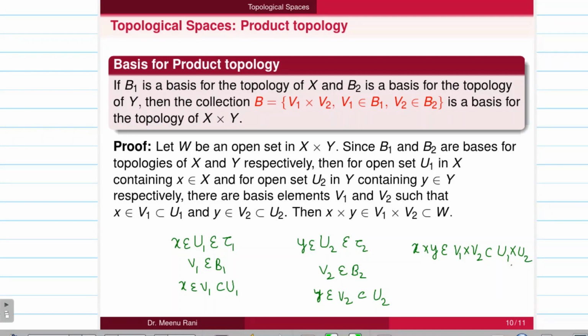Now this is the open set in X cross Y, then we will call it W. Thus we will get (x, y), which is an element of the set X cross Y, belongs to V1 cross V2, that is a member of collection B, which is further contained in the open set W of X cross Y, which is also containing the element (x, y). So from the second definition of the base, we can say that this collection forms a basis for the product topology of X cross Y.